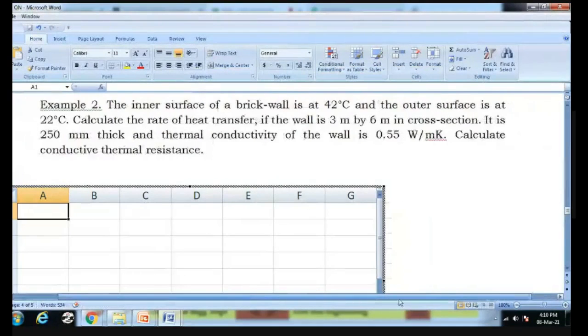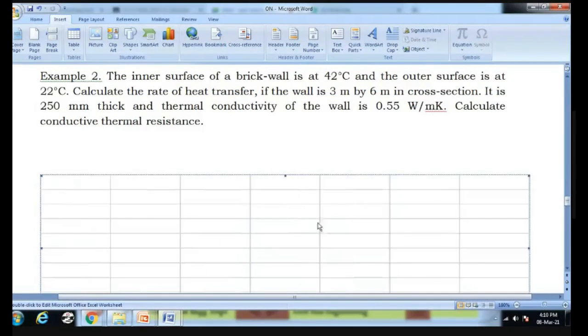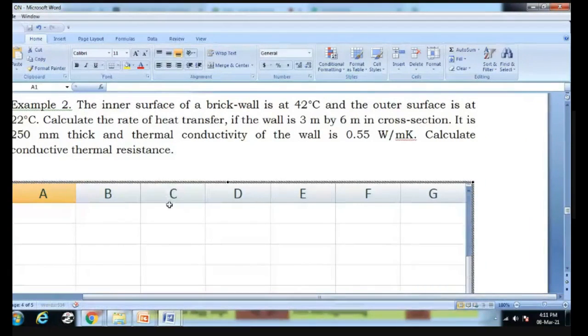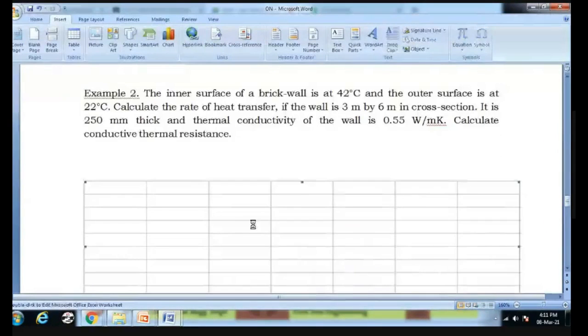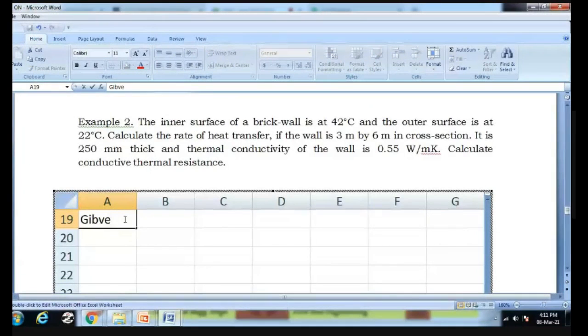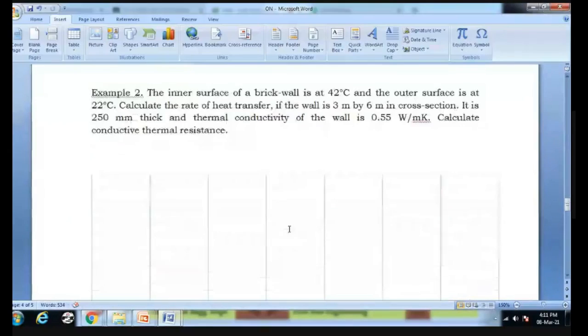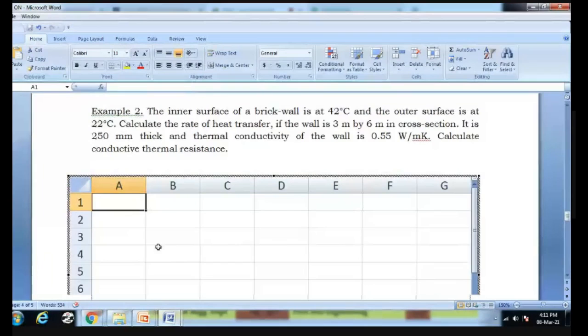Fine. Okay. Now what you have here is the given data. Given. Hello. Given.